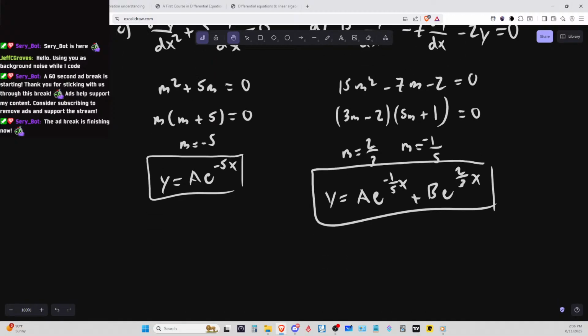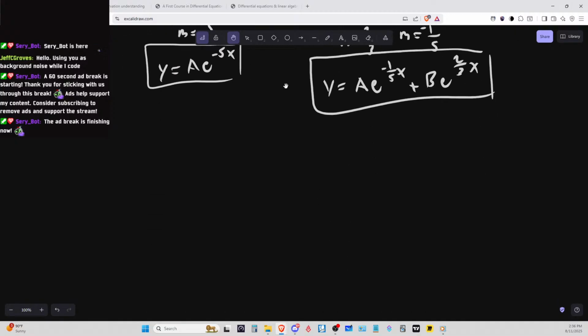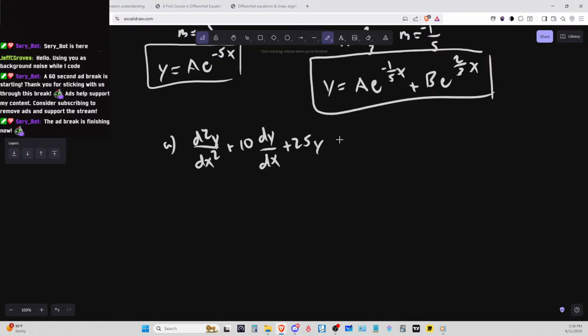All right. Going to the next one. It's pretty much the same thing, but I think they separated depending upon what solutions you get. I think these problems, once I got the hang of it, I started enjoying doing them because it's just basically doing the quadratic formula all over again. So, m squared plus 10m plus 25.